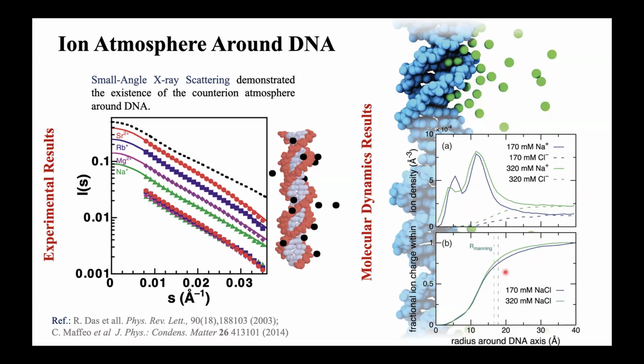Also, in the bottom graph, the Manning radius is indicated, which is predicted theoretically and indicates where about 75 or 76% of the DNA charge is neutralized by ions. They get a value close to the predictions, at about 60 to 70 angstrom from the DNA axis, which agrees well, as I said, with the calculation.